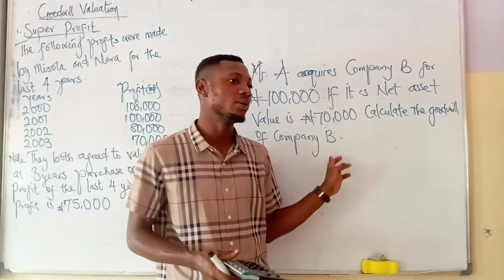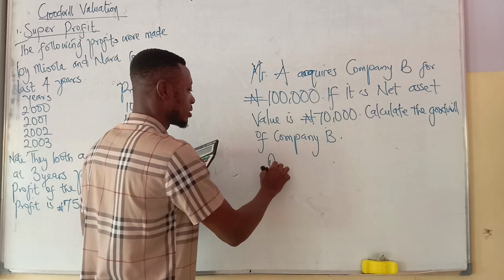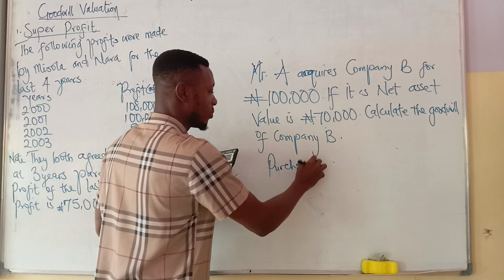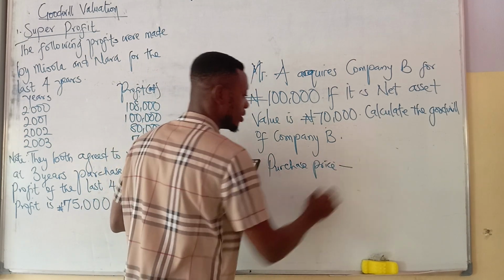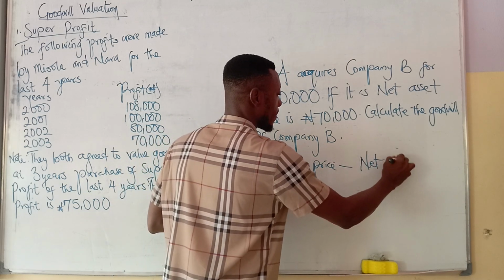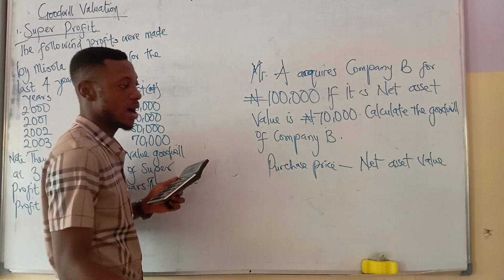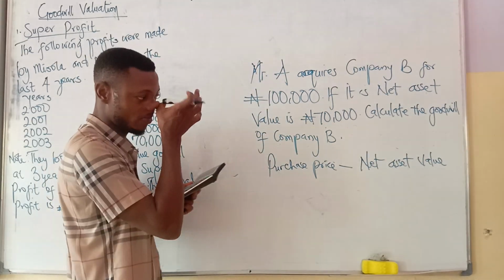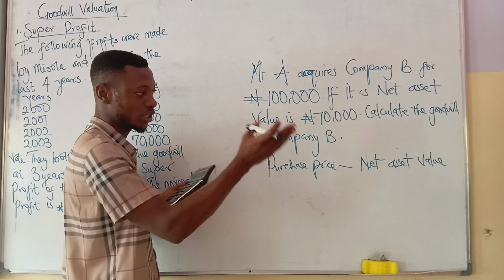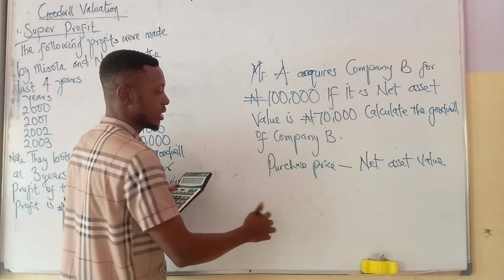Now, how do we calculate the goodwill here? It's simple. We can just say purchase price minus net asset value. Remember, our net asset value has to do with assets minus liabilities, which has already been calculated, and the value of that business is 70,000 naira.